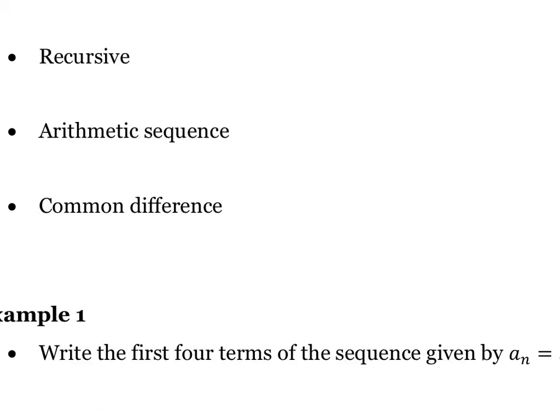A recursive sequence is a sequence where you have to know a previous value in order to figure out the next value. So we can say that it's defined using previous terms.